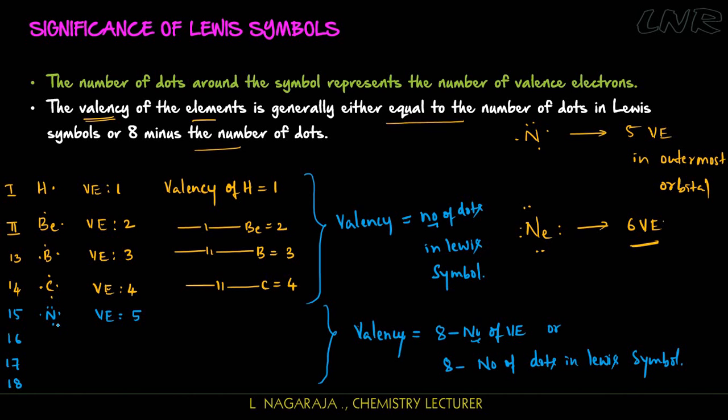So let us take a nitrogen atom, and the valency is equal to 8 minus 5, that is 3.